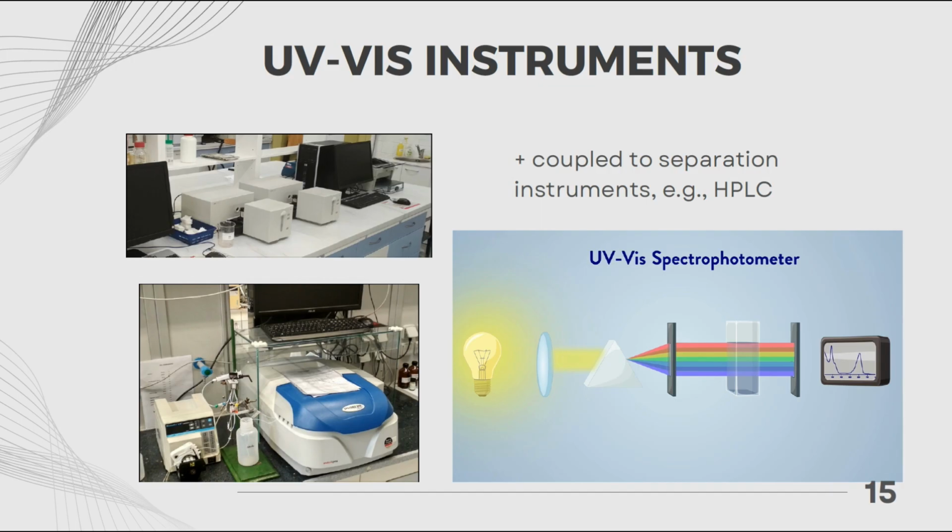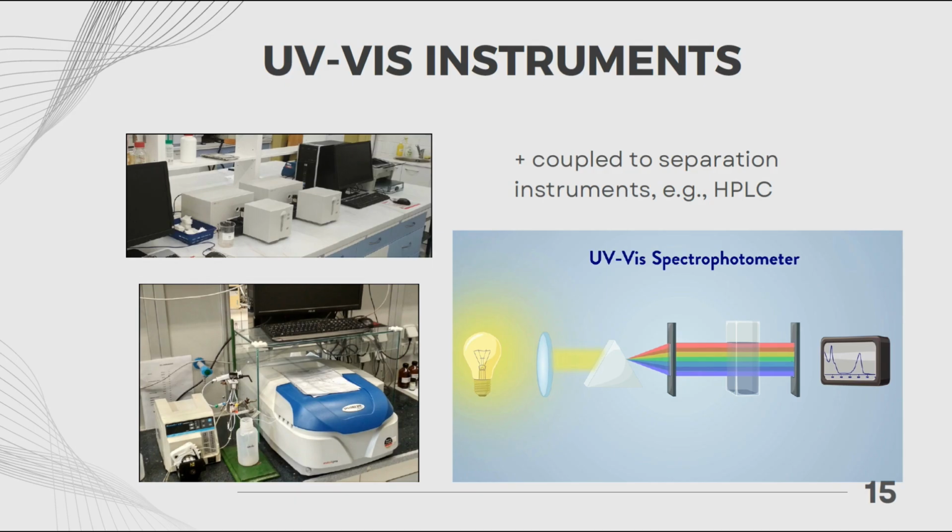For example, it may be coupled to HPLC, and indeed, those of you who followed me to the HPLC practicum, HPLC lab, you have seen the HPLC actually coupled to UV-Vis.